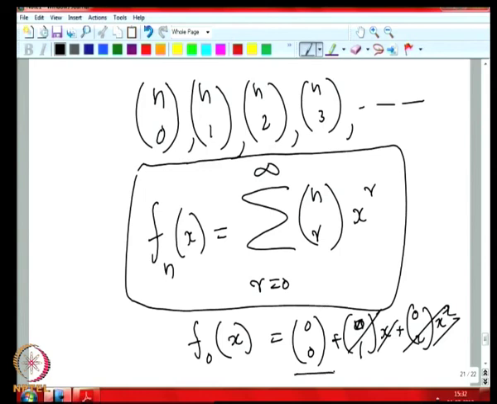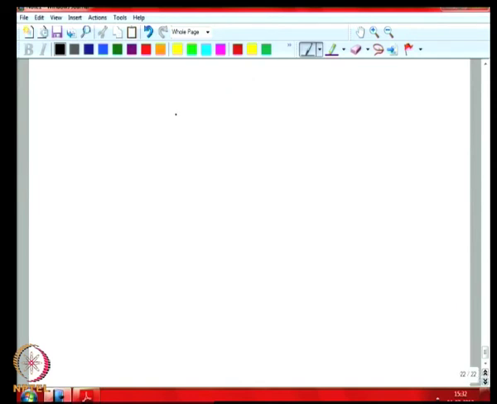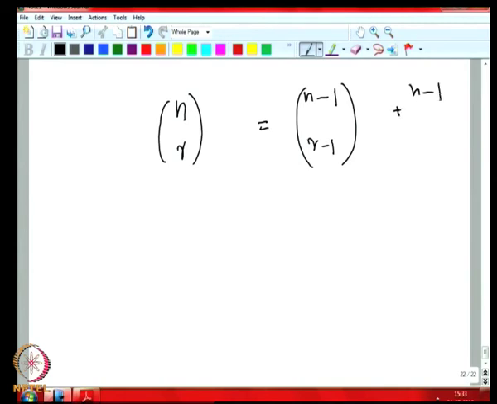This is just 0 choose 0, which is equal to 1 as before, right. f_0 of x will be 1. Now, let us look at our recurrence relation once again. It is n choose r equal to n minus 1 choose r minus 1 plus n minus 1 choose r.